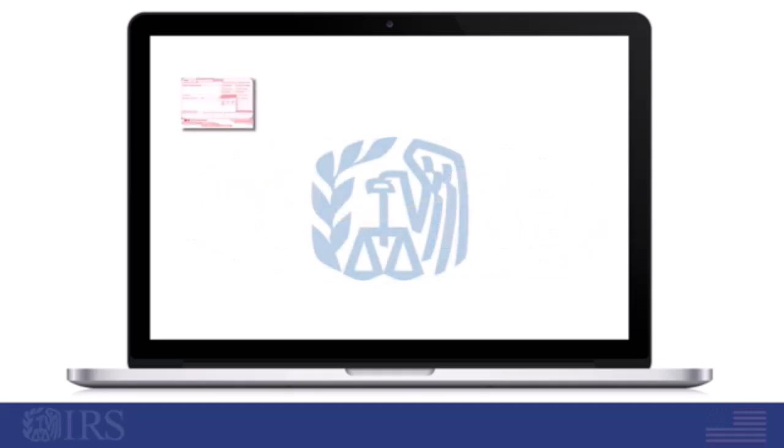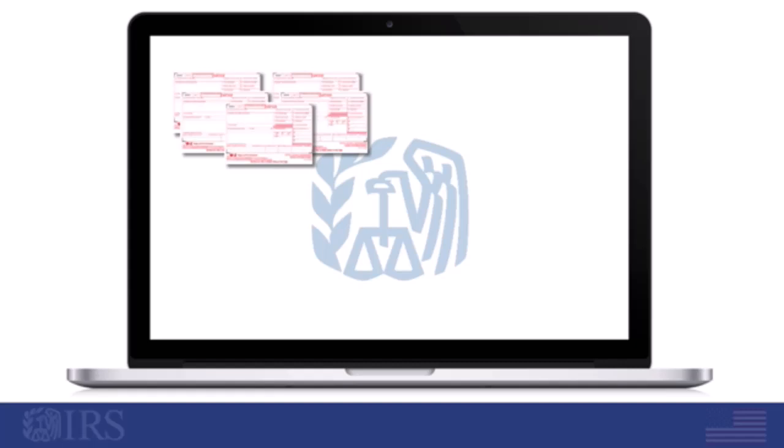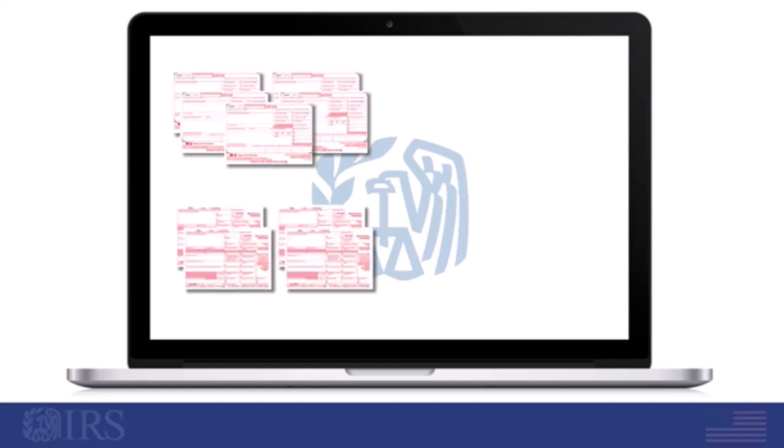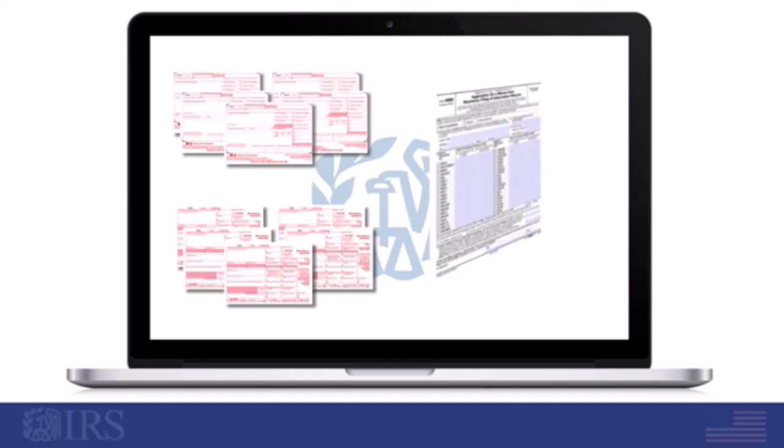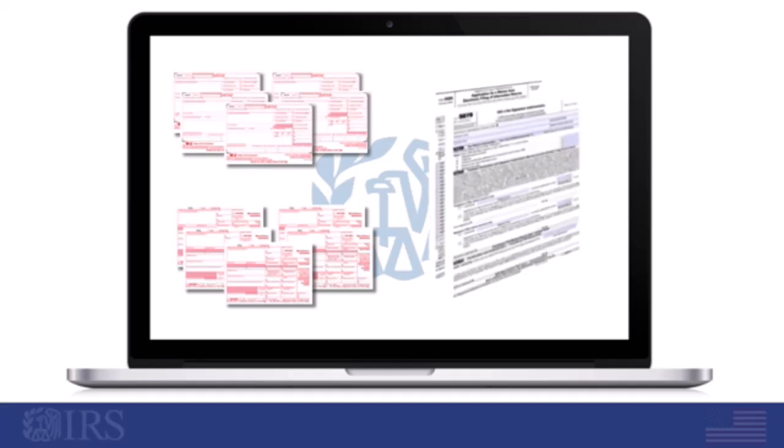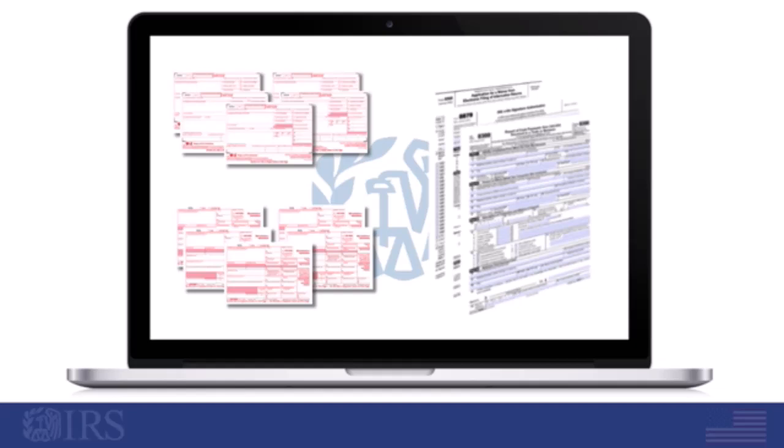For example, if you're required to file 5 Forms W-2 and 5 Forms 1099 INT, then you're required to file certain other information returns during that year electronically, including any Forms 8300.